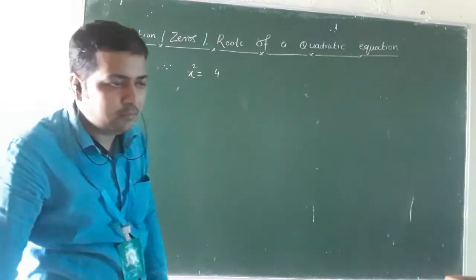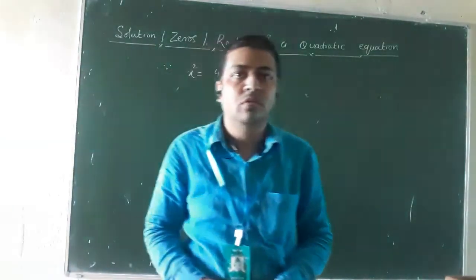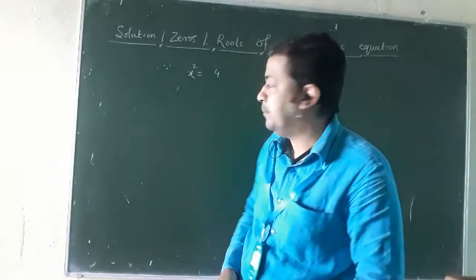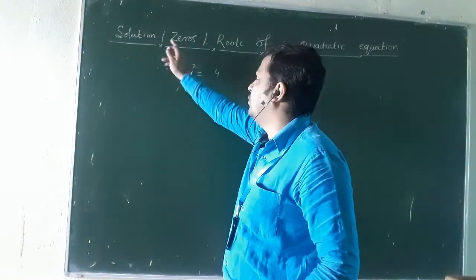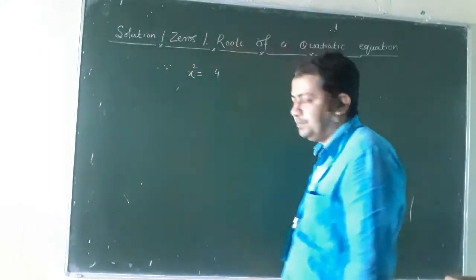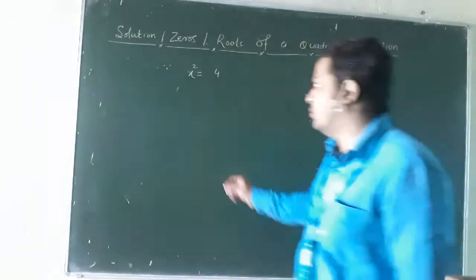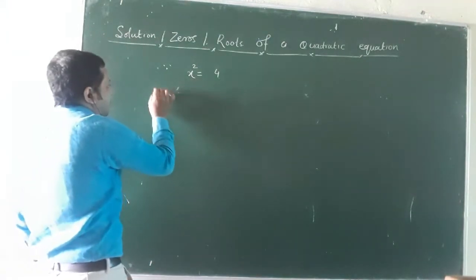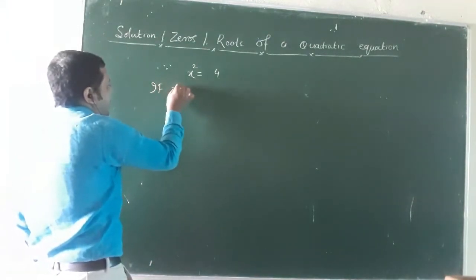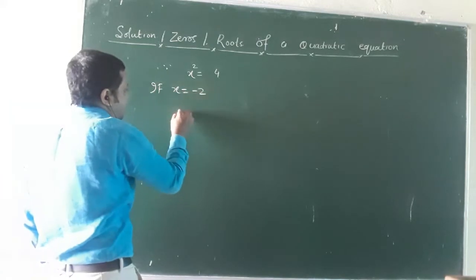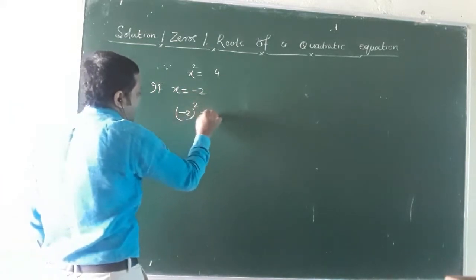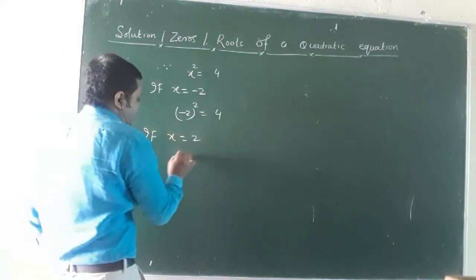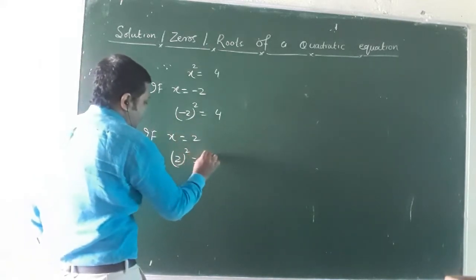Any number that makes LHS and RHS equal, if we put it in place of x, then that will be a solution, zero or root. For example, suppose here if x is equal to -2, then -2 whole square will be 4. If x is equal to 2, then 2 square is equal to 4.